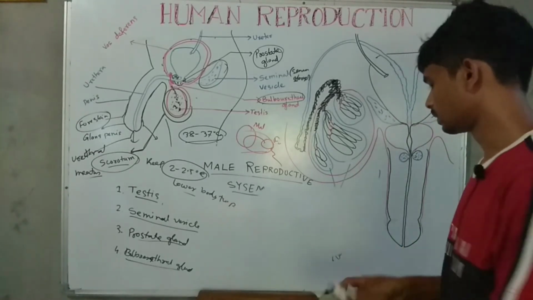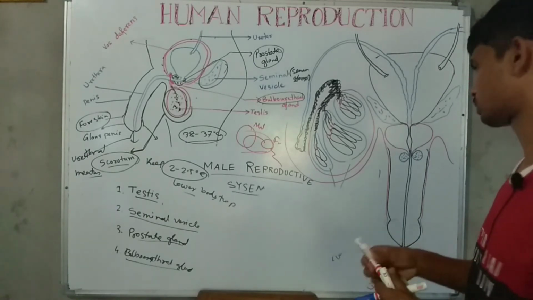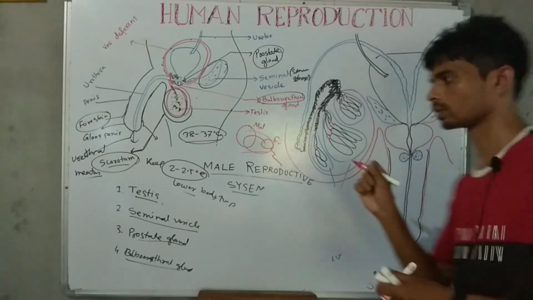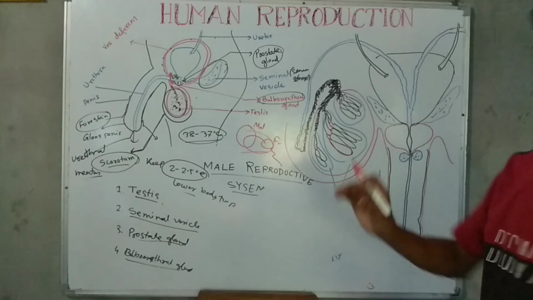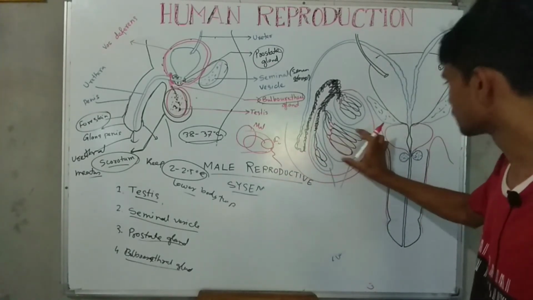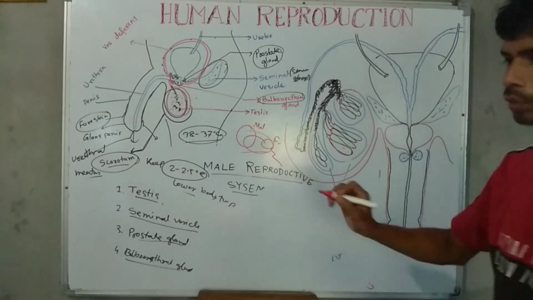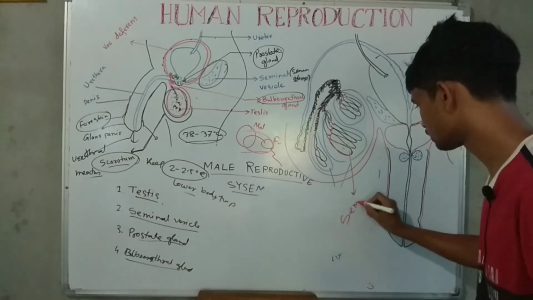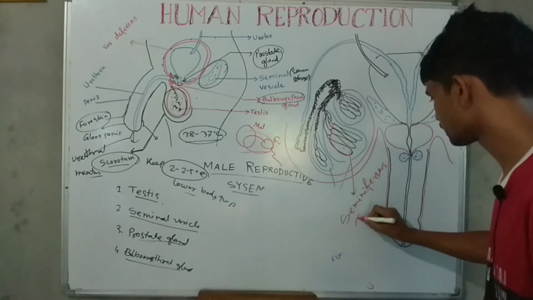each lobe contains 2 to 3 tubes. Suppose here in this lobe there are 2, in this lobe there are 4, in this lobe there are 3. Like this there are lobes, and these tubes are called seminiferous tubules.